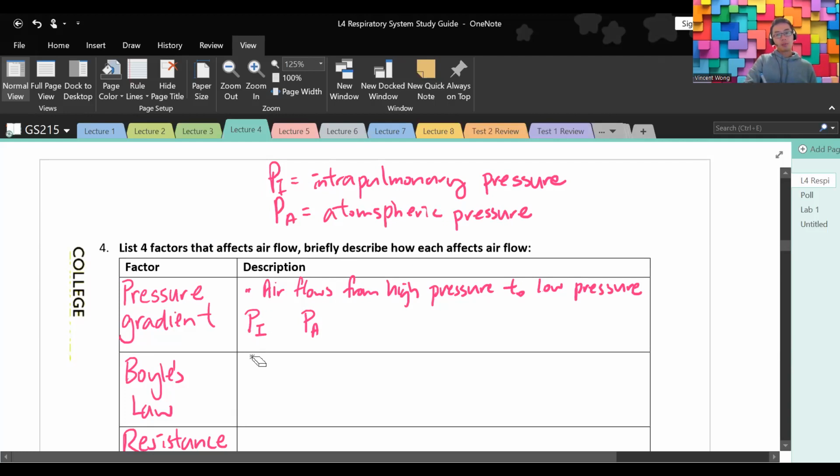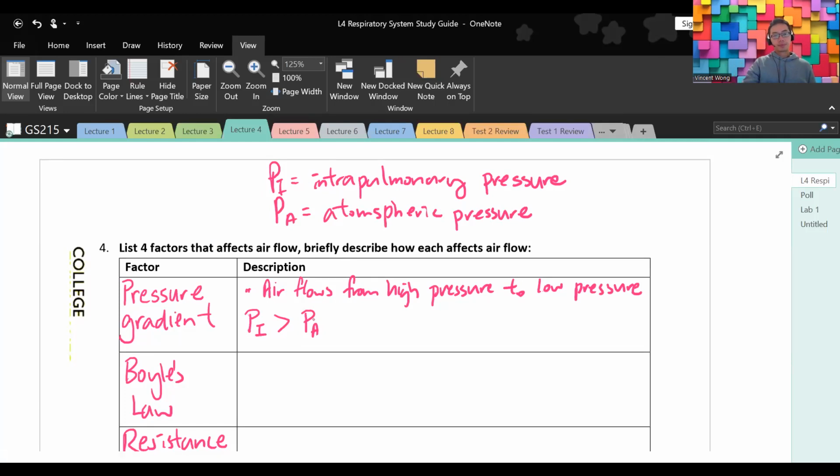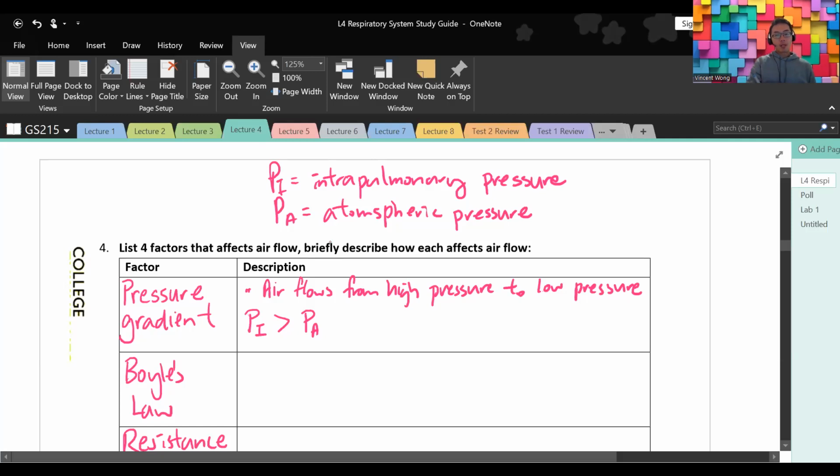So when PI is greater than PA, do you breathe in or breathe out in that situation? When the pressure is higher inside the lungs compared to the outside, do you breathe out? Do you breathe in? Which way does it go? It's like inhale. Okay, good try.